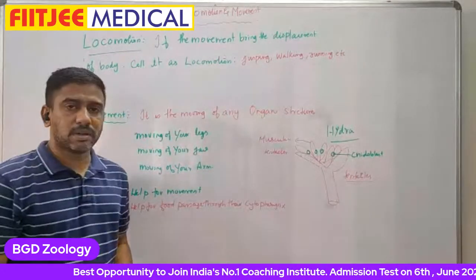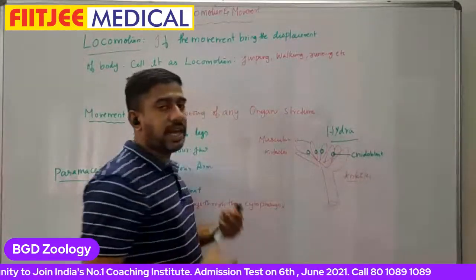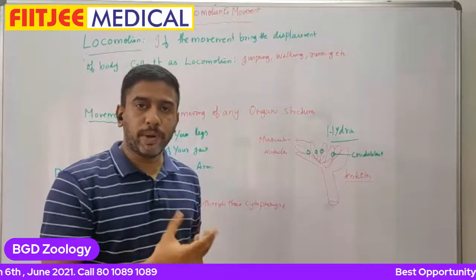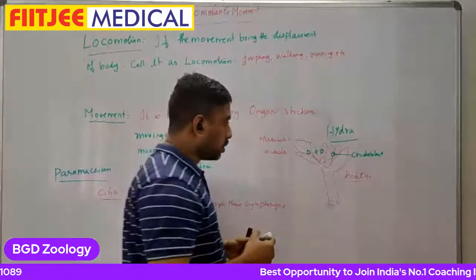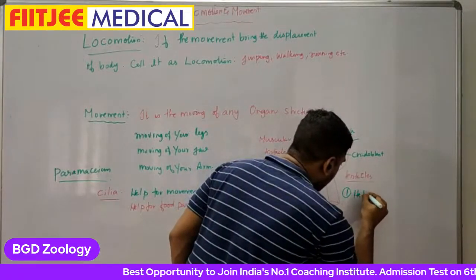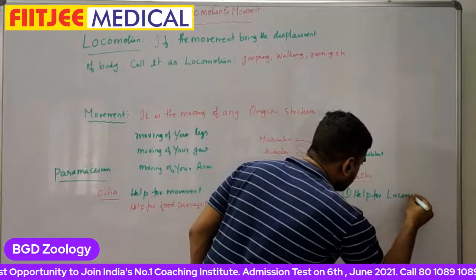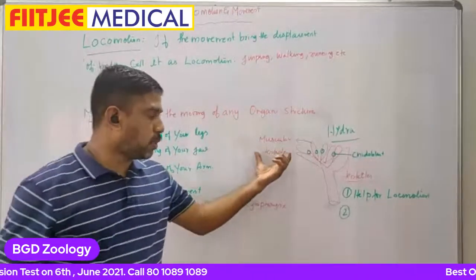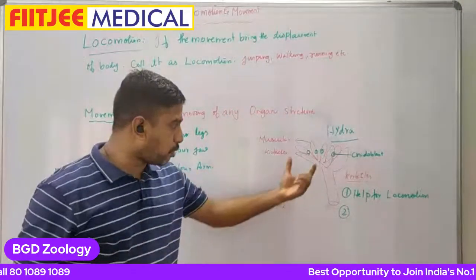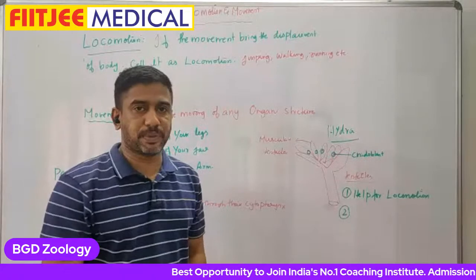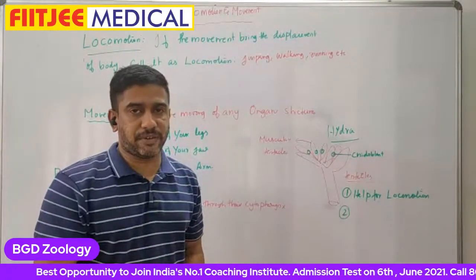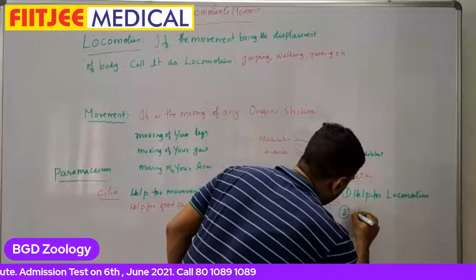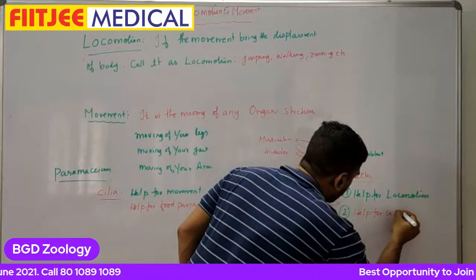What are the two functions? First of all, without these tentacles they cannot move from one place to another. So definitely they help for the movement of the body, or the locomotion. The first function of tentacles is that they help for locomotion. And you know that these muscular tentacles are very powerful, and please understand they contain the cnidoblasts. A lot of toxins are contained inside them. So these tentacles also help for capturing the prey.